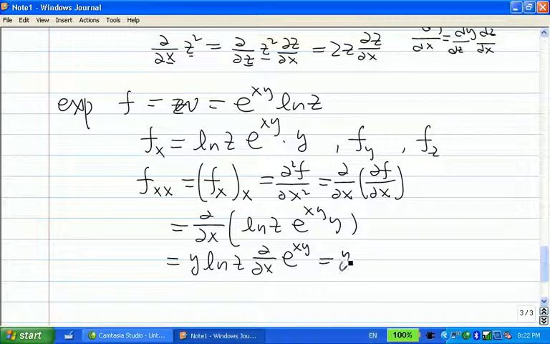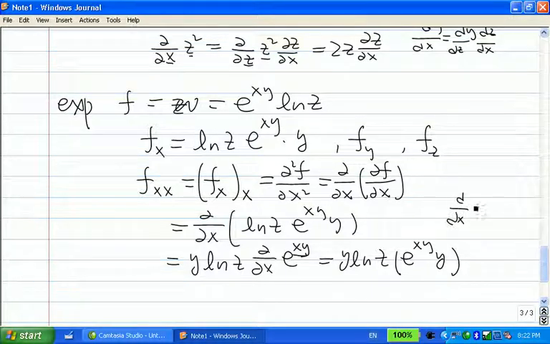So take a derivative with respect to x, it gives you e to the xy, then you take a derivative of xy with respect to x, treat y as a constant, so it gives you y. This is just like you take a derivative on 2x, you get 2. Now instead of 2 there, we have y there.